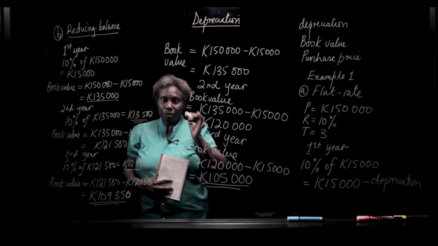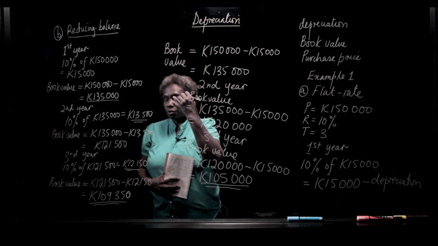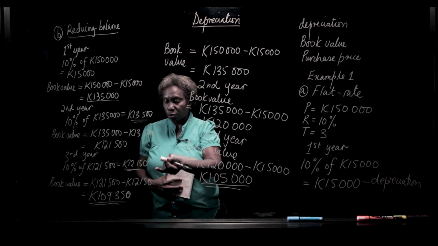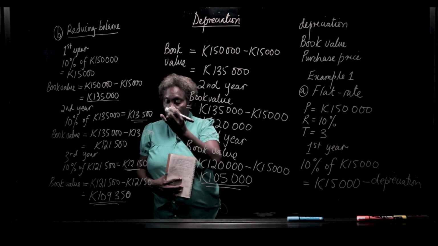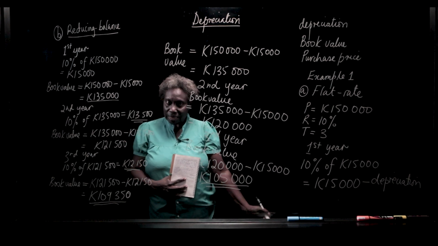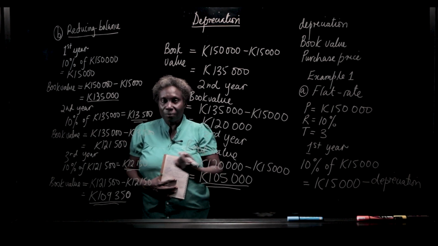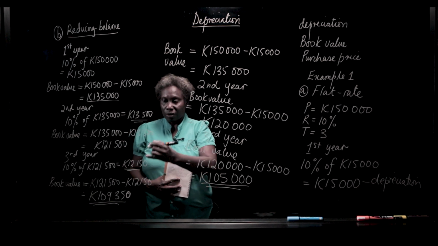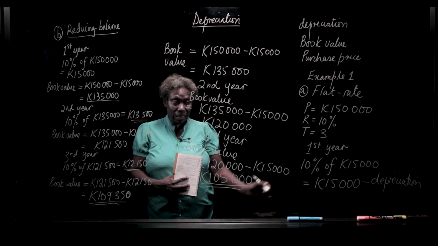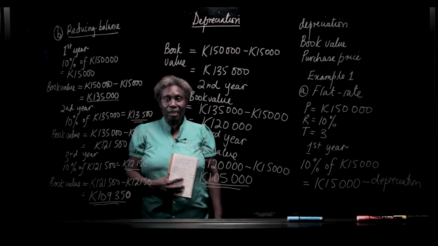So reducing balance depreciation is the best option if you want to sell your asset, so that you don't make a big loss and at least have some extra with you. It depends, it's up to you, whichever method you use to calculate depreciation.